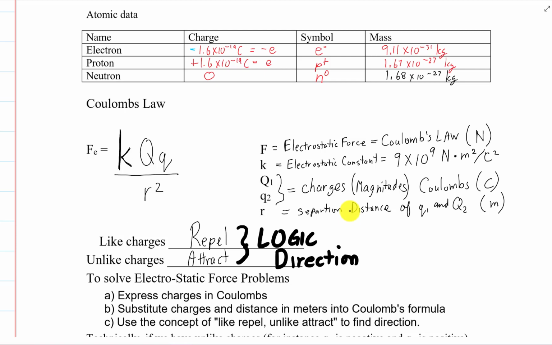Why? Forces do have direction, but we figure out direction by this logic. We figure out the direction by looking at the signs of the charges that we're putting into the formula.